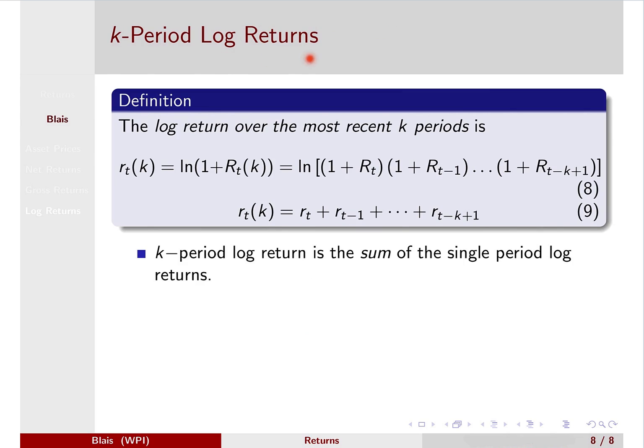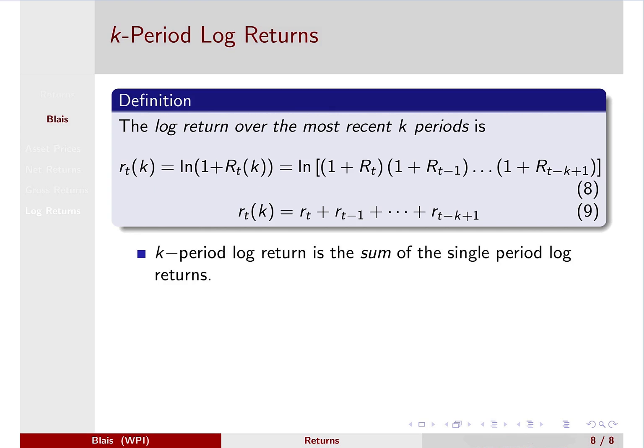The K-period log return is defined in the following way. We write it as little r sub t of K to show that it's the log return over the most recent K periods. To do that, we take the log of the K-period gross return.